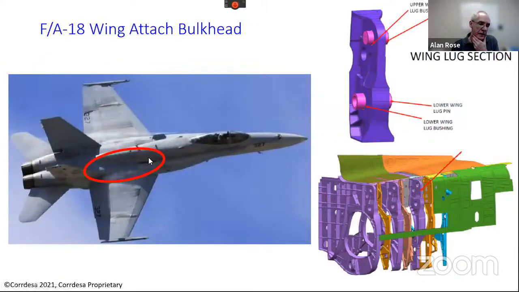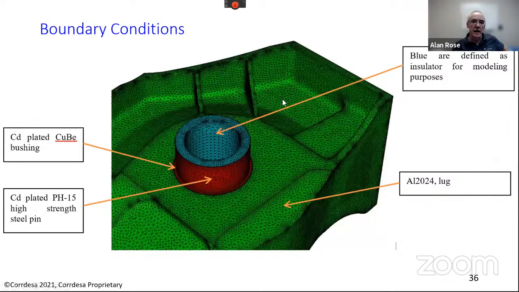Another example here, this is an interesting one because then we can look at how corrosion might progress. So F18 again, and we're talking about the wing attached bulkhead. What we have here is this very large structure, these pins that essentially hold on the wing. And we zoom in here on that structure.